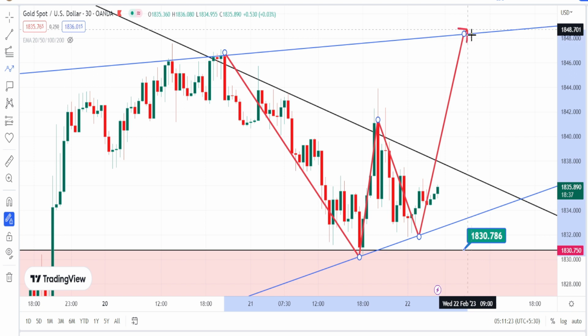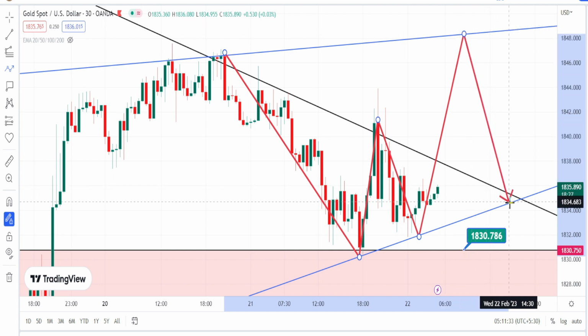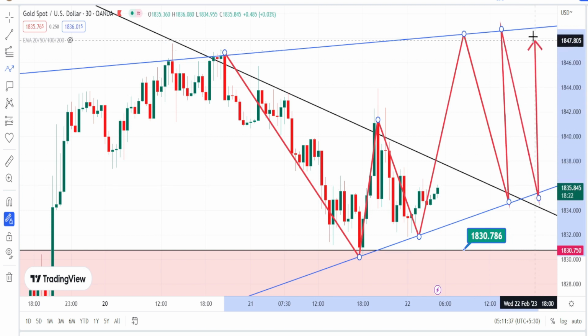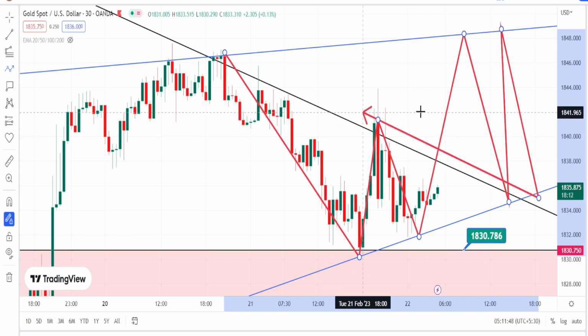And if the price action breaks this resistance line, we can expect the bullish side trend reversal to start in 30 minutes time frame. Till then, we can expect the price action to consolidate within this resistance and support line from the hourly time frame and the 4 hours time frame, and a sideways price action.